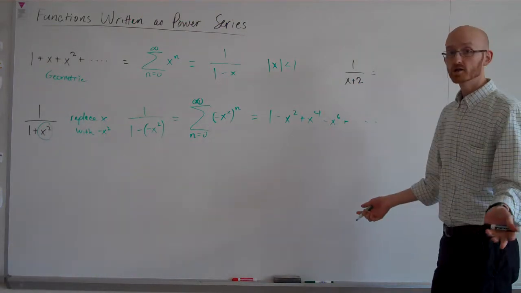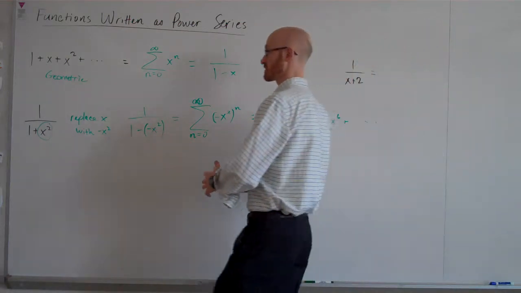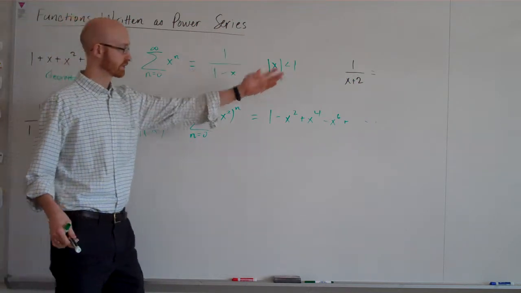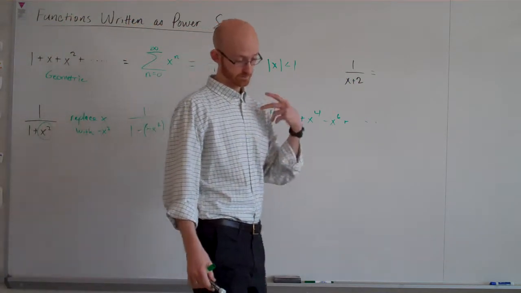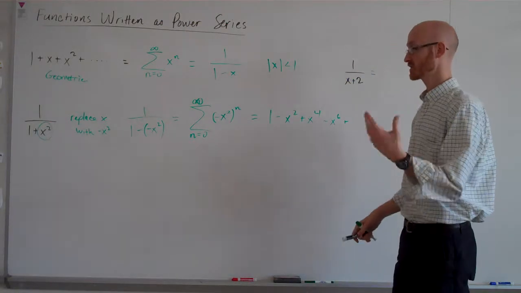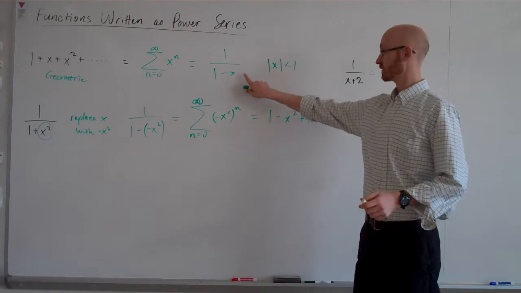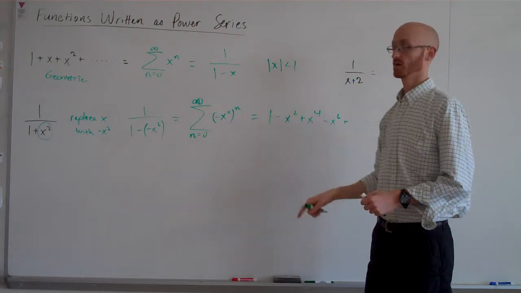Which, by the way, again, is pretty cool, right? Like this function, 1 over 1 plus x squared, the function written in black here, is equal to this infinite sum. And remember, we do have conditions on which we can actually make this substitution. Here we said that the absolute value of x has to be less than 1.